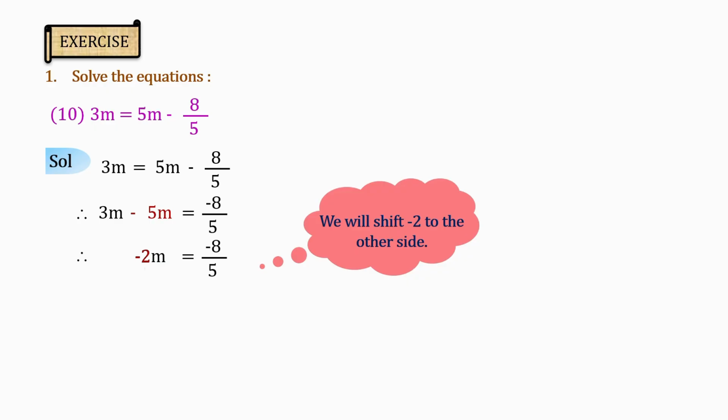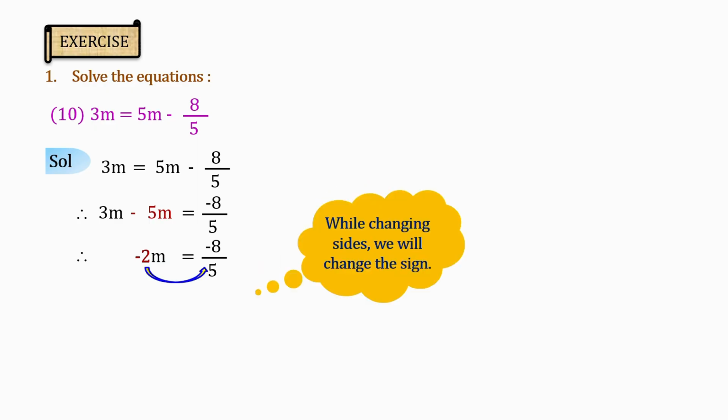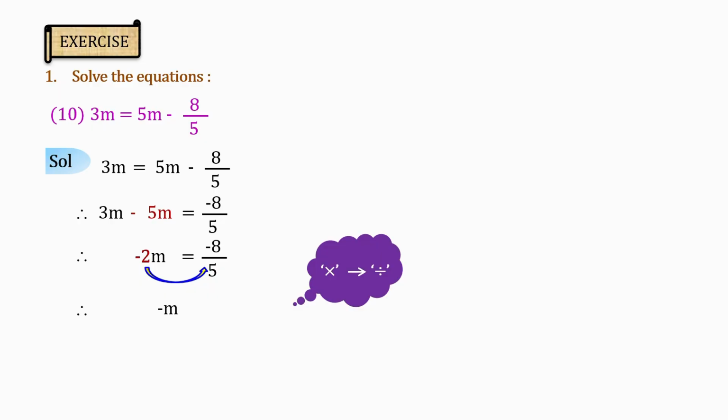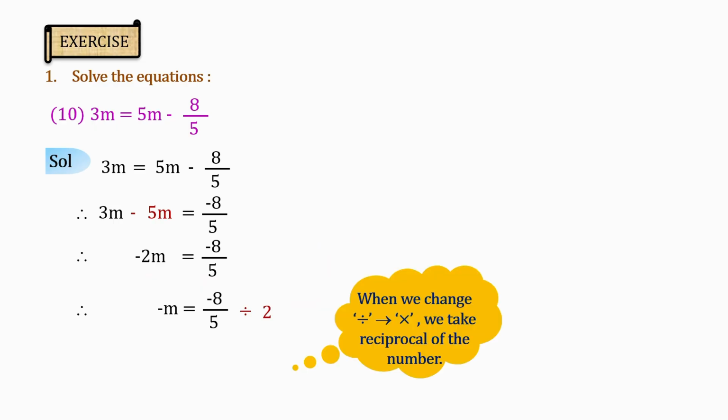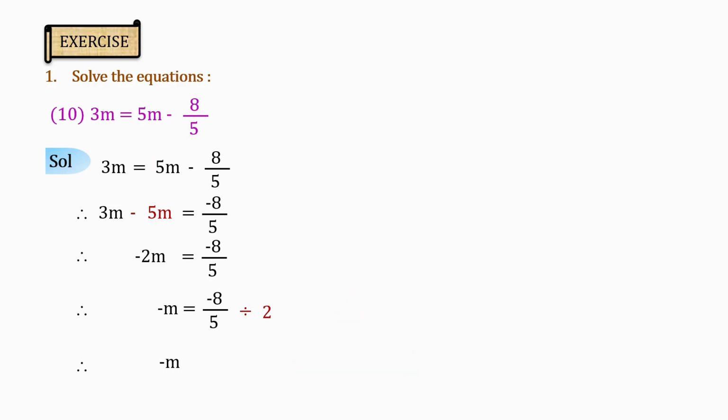Now again minus 2 will be shifted to the other side and it will change the sign. So when we change from division to multiplication, we take the reciprocal of the number. Let us cut these numbers.